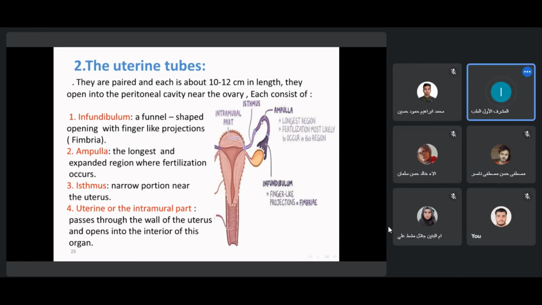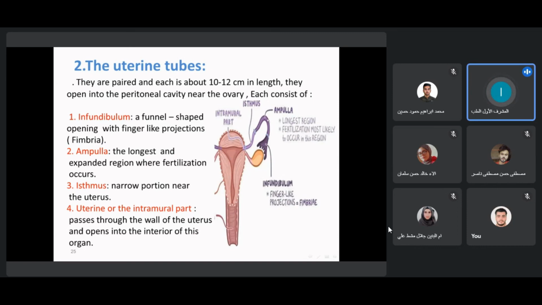Within the uterine tubes, the second part, the ampulla, is usually where fertilization occurs. Here usually the oocyte and the sperm fertilize to form the embryo, and it will then be transported to be implanted within the uterine wall.